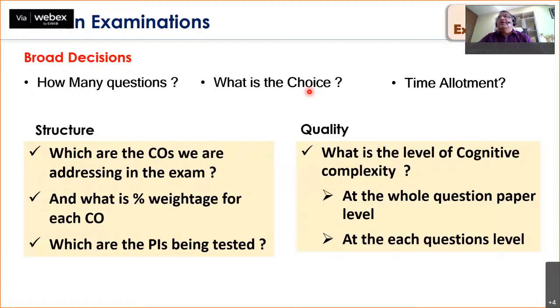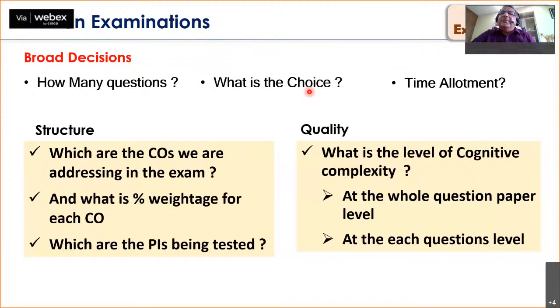Suppose 1A relates to CO1, and you ask another question from CO2, and if some students answer the choice question, then CO1 is not answered by them at all. So when you give a choice for a particular question, ask that question for the same CO at the same Bloom's taxonomy level. That is what I wanted to convey in this.